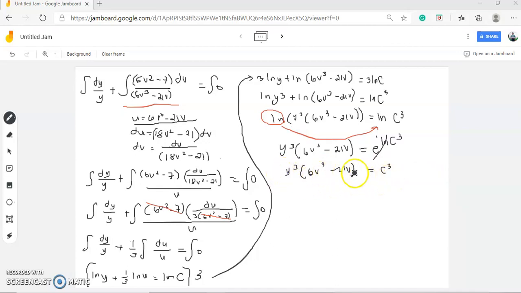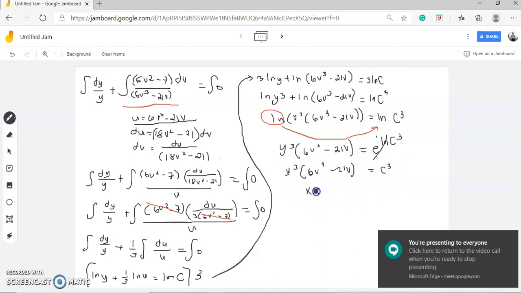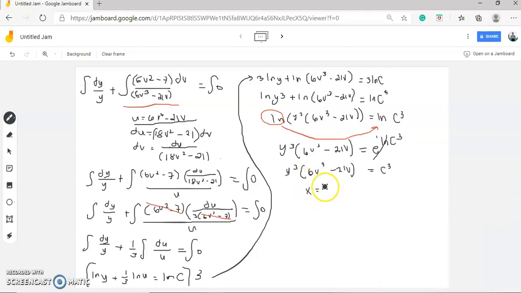Mawa ang V. Very good, Ronnie. So, since we still have V here, we need to recall what did we use. Diba? We use X here. So therefore, X is equal to V y, no?